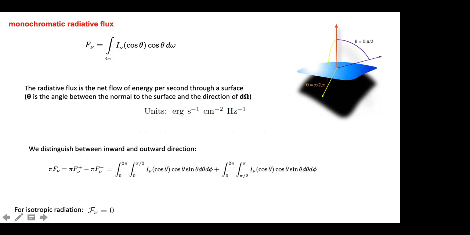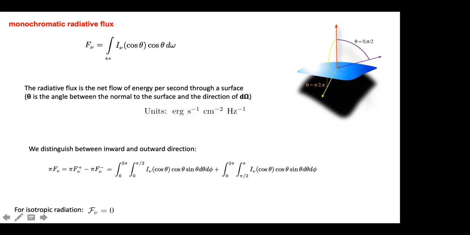It is useful, we will do it later, to distinguish in this case between the flux inward and outward. It's useful if you always try to think what we are doing in the context we are doing that. So these are universal definitions that can be used in physics for many things. But here we are using it for stellar atmospheres. And in a stellar atmosphere, the two sides are not the same. Here below, you have the stellar interiors where the energy comes from.